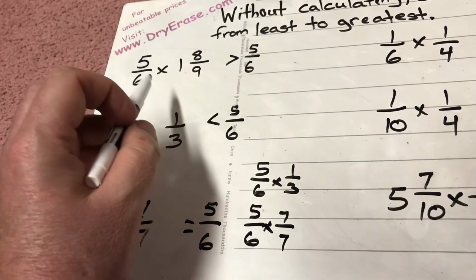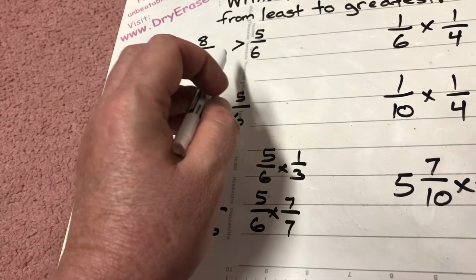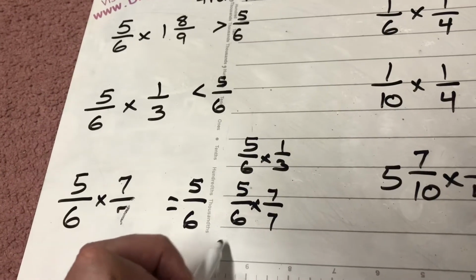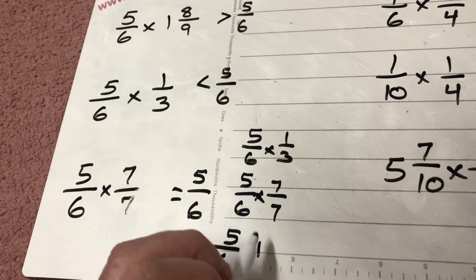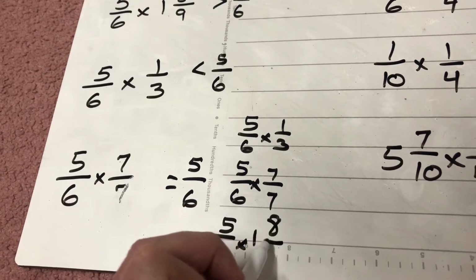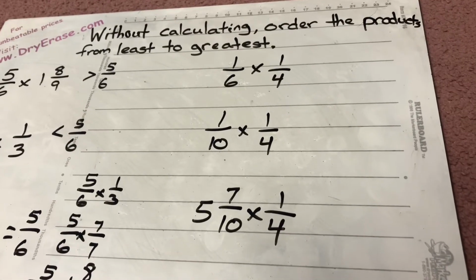And the greatest one is going to be this one, where I'm multiplying it by something bigger than 1, where the answer is greater than 5/6. So it's going to be 5/6 times 1 8/9.